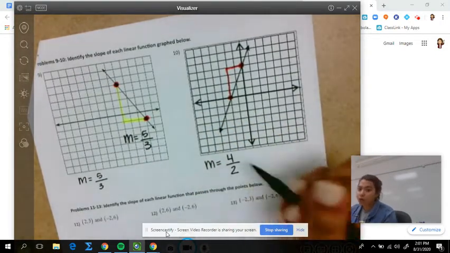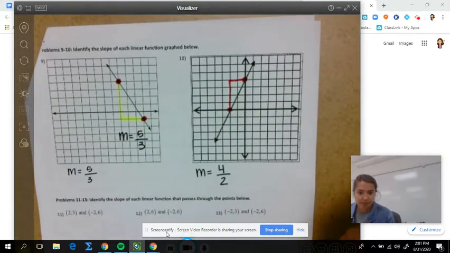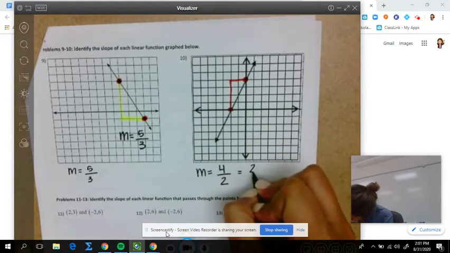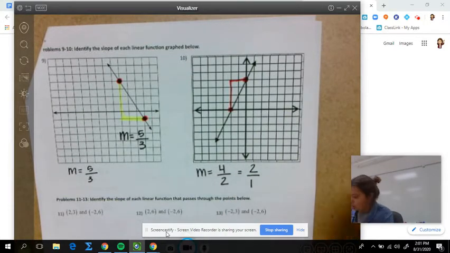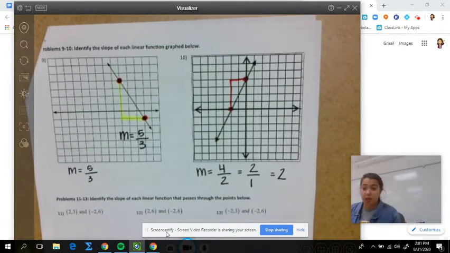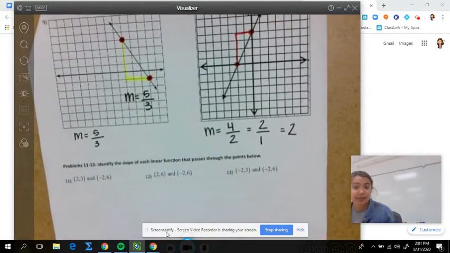Now, 4/2 looks pretty interesting to us. Why? Well, 4/2 actually reduces down to 2/1 or just 2. It's totally up to you if you like looking at it as rise over run, so up 2/1, up 2/1, you can keep it as that, or if you like just looking at it as 2, that is totally fine.